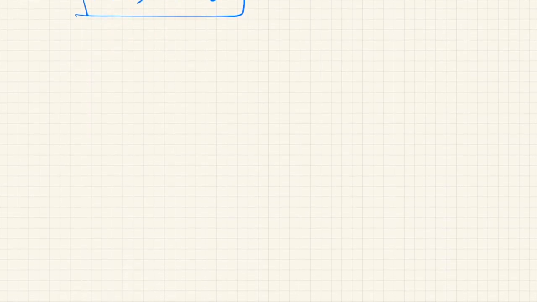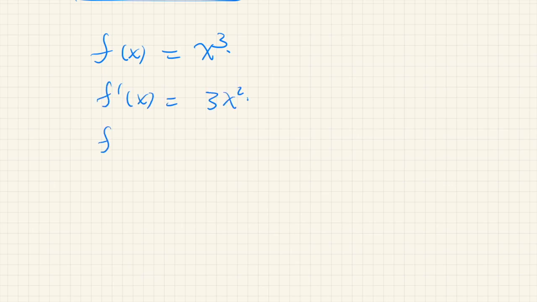However, as we have noted before, the converse of this theorem doesn't hold. A good counterexample is f of x equal to x cubed. If you differentiate this, we get 3x squared, and at x equal to 0 this differential coefficient is 0.